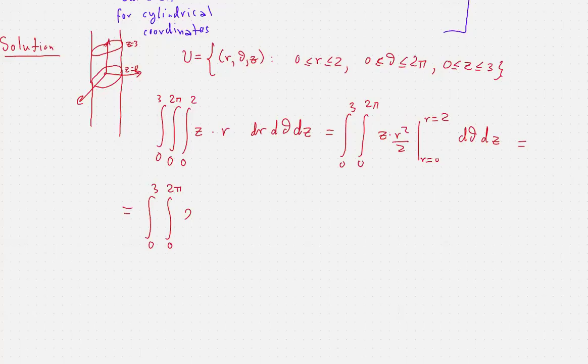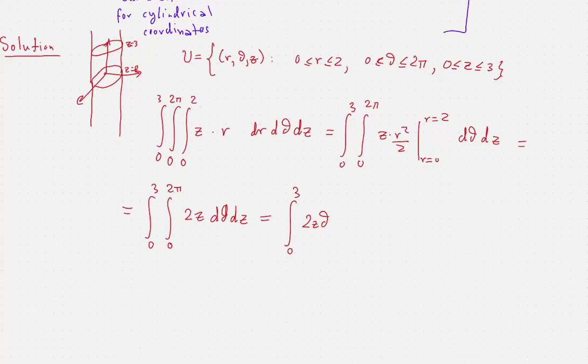and then dz. The antiderivative here is just 2z theta, because this function 2z is constant with respect to theta.